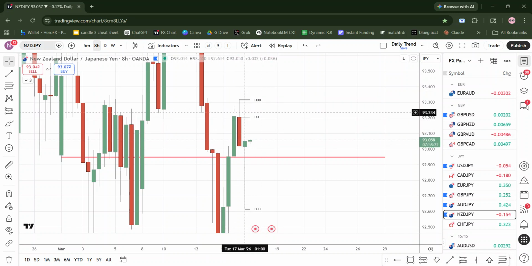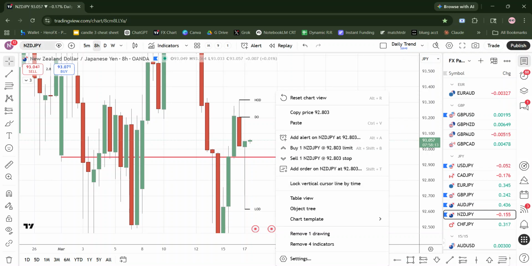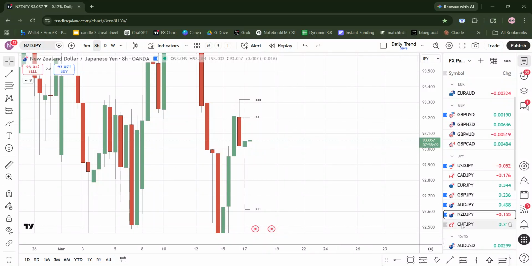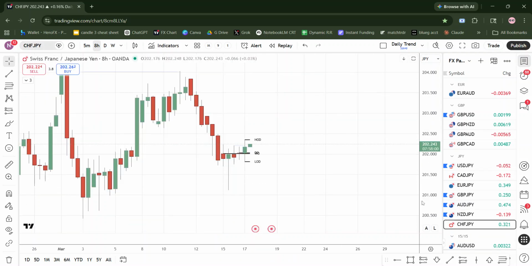But if you're trading the higher time frame, at least based on CRT market structure, I would be short on this one. So I wouldn't care so much about this CRT here. But since the signals are conflicting, I'm just going to forego it and go to another pair that's a little cleaner. I'd rather take Aussie yen short than this one long. Even if it works out, I don't care. Okay, Swiss.